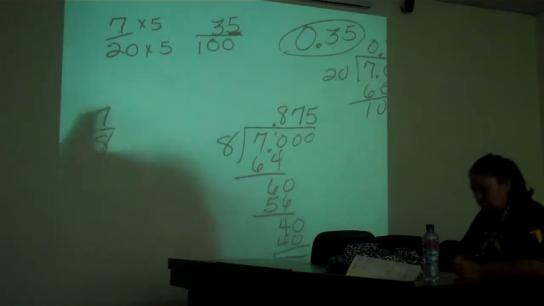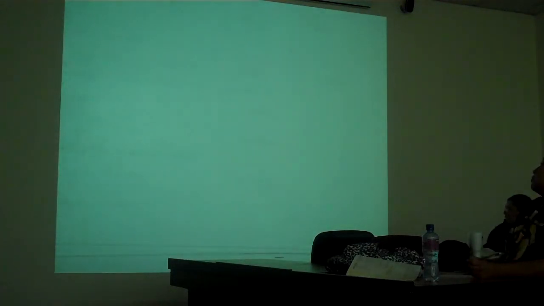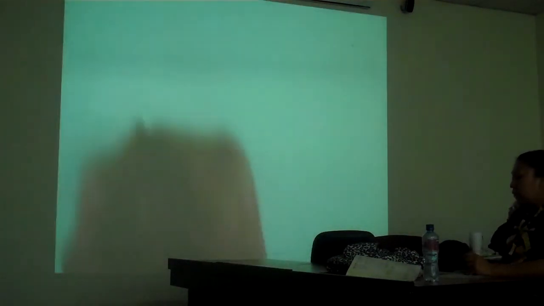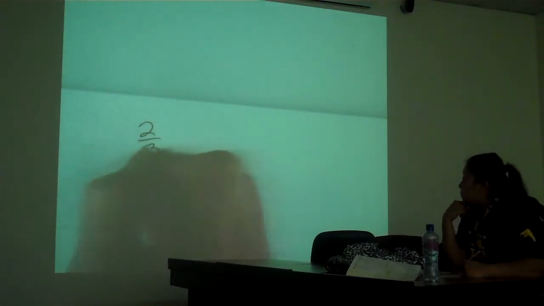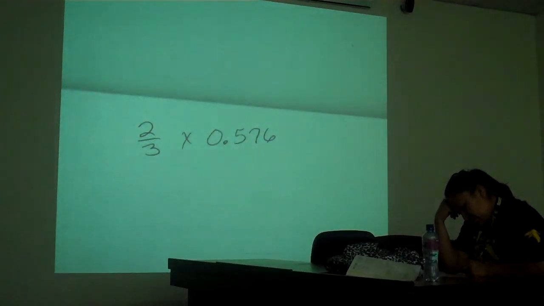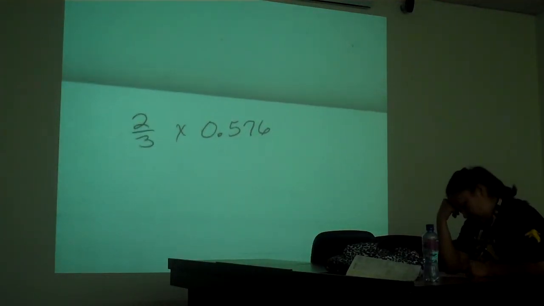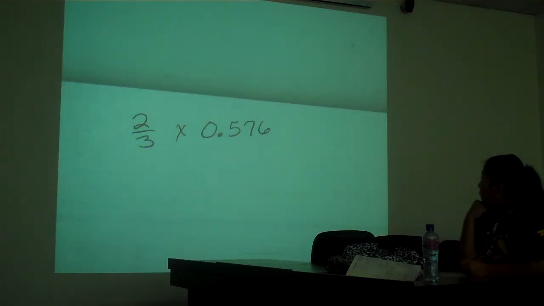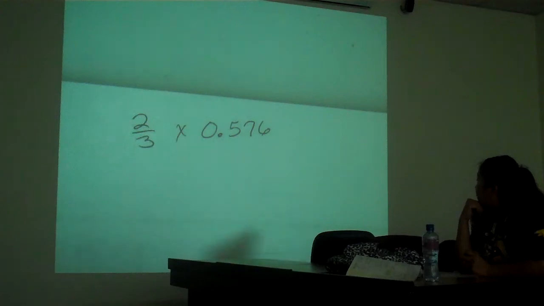Let's say, what if you have a calculation with a fraction and a decimal in the same problem? Let's say you have 2/3 times 0.576. You can either convert 2/3 into a decimal or convert the decimal into a fraction.